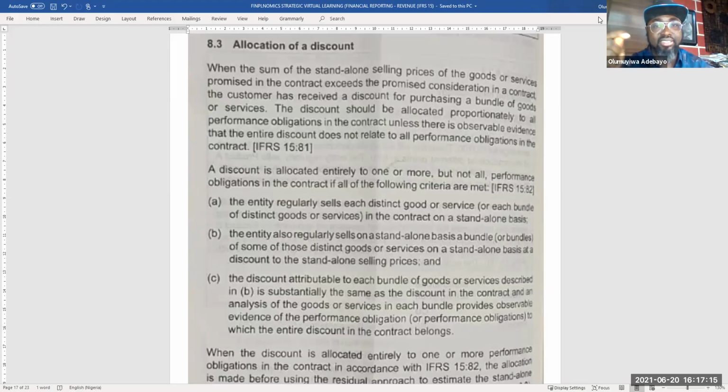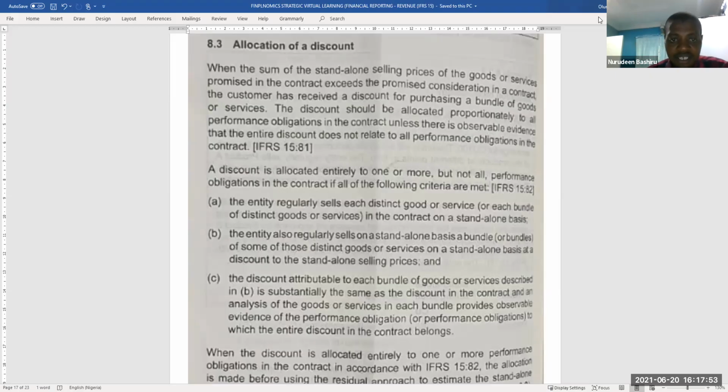A discount is allocated entirely to one or more, but not all, performance obligations in the contract if all of the following criteria are met. IFRS 15, paragraph 82. A, the entity regularly sells each distinct good or service or each bundle of distinct goods or services in the contract on a standalone basis.